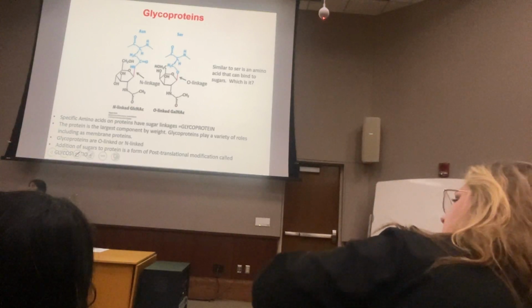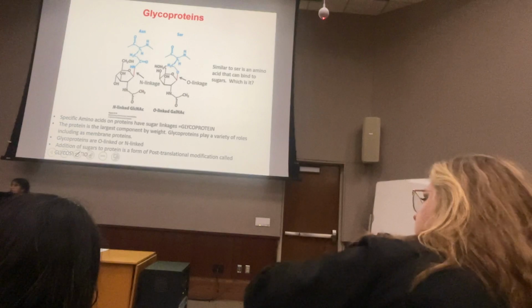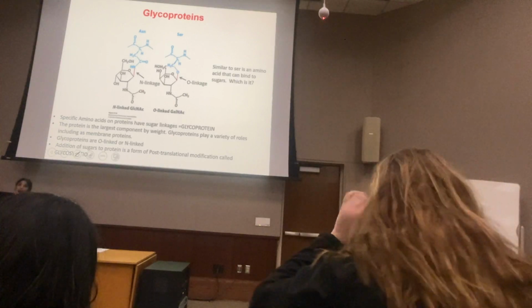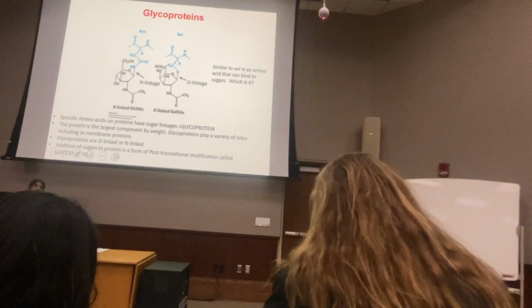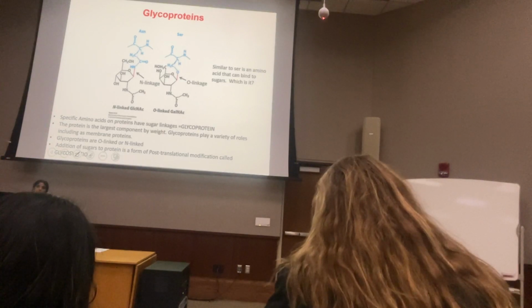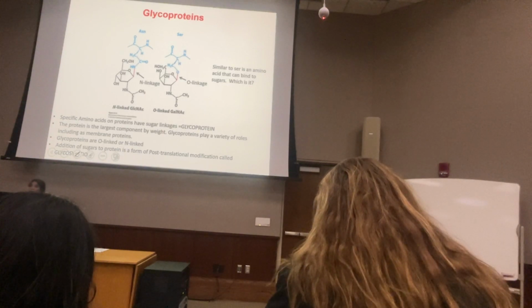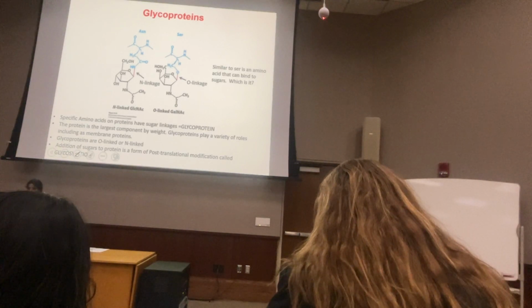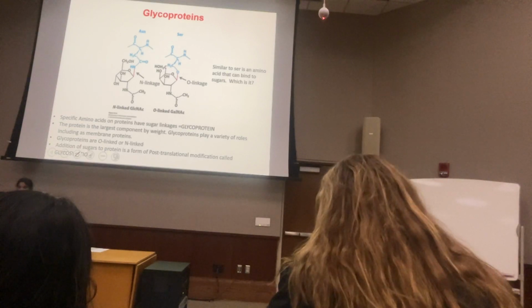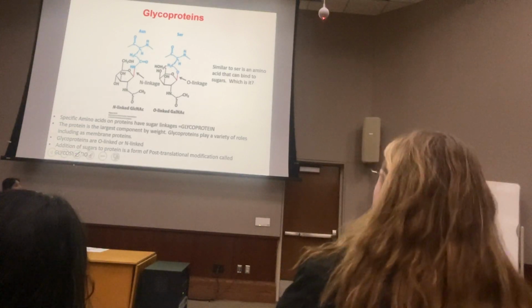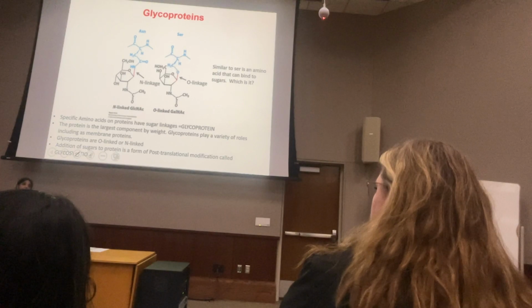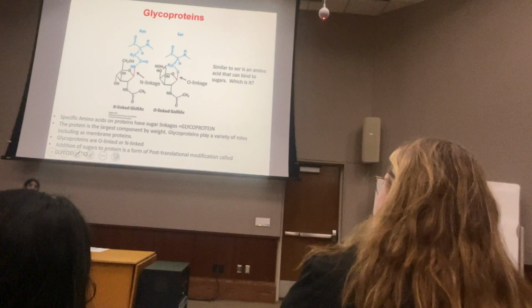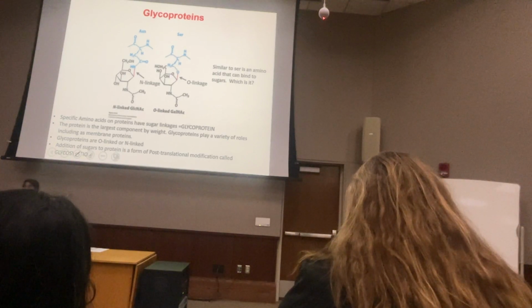This is a form of post-translational modification. Throughout the semester, you've been learning about different types of post-translational modifications. That means the protein has been made and then gets modified by going to the Golgi. In this case, you're having glycosylation, which I have put somewhere here on the bottom as a term. That's the form of post-translational modification: modification of the protein after the protein has been made.